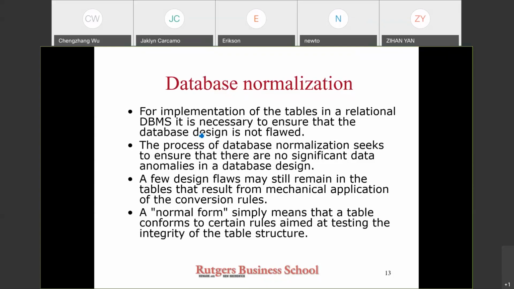It is clearly possible that tables in a relational database that you encounter could have serious design flaws, as will be explained below.